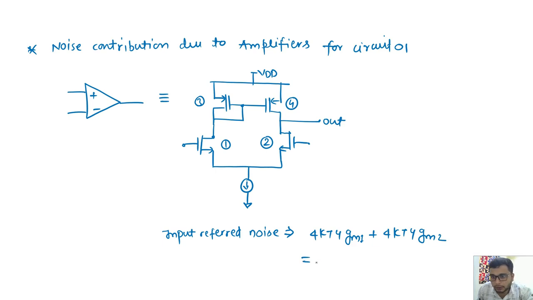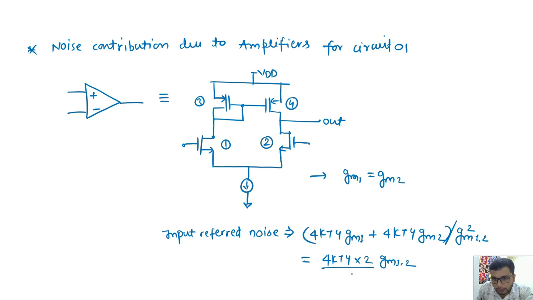So this is the output noise short circuit current. We'll refer to the input by just dividing by gm1,2 square. That's the transconductance. That's the input referred noise. So what it can be, 4 kT gamma gm1 and gm2 are equal for a general differential pair, gm1 equal to gm2. Okay, so this is nothing but 2 times divided by 2 times gm1,2 square.